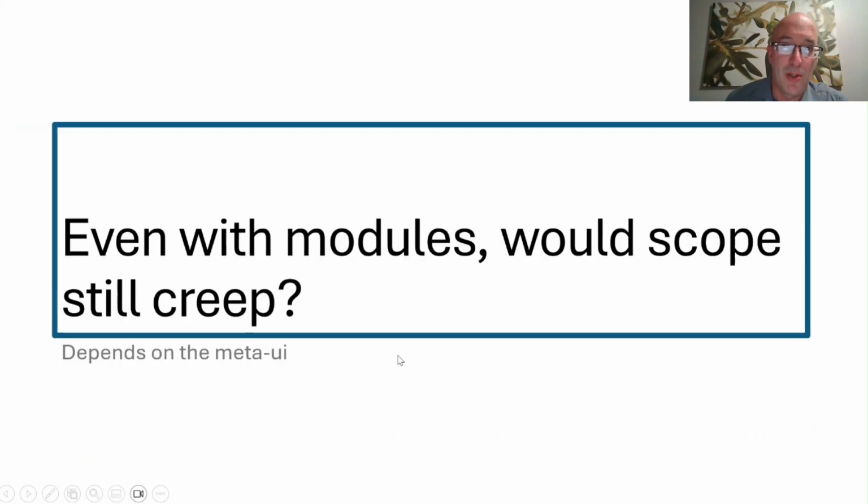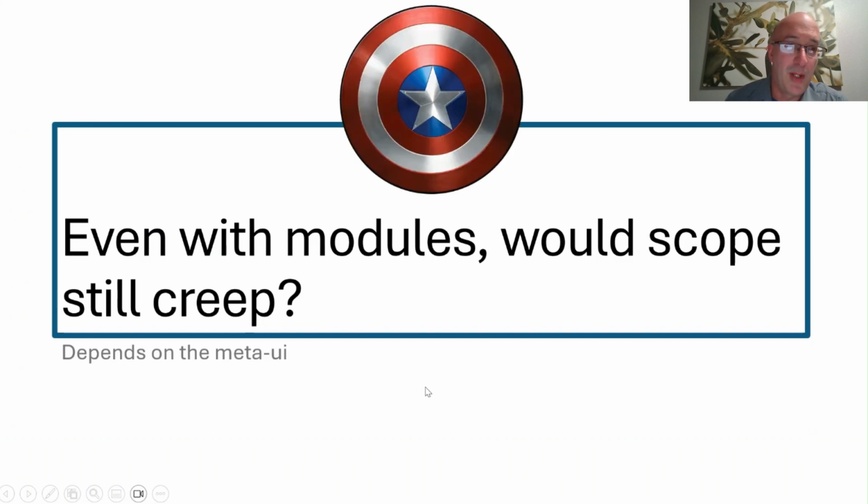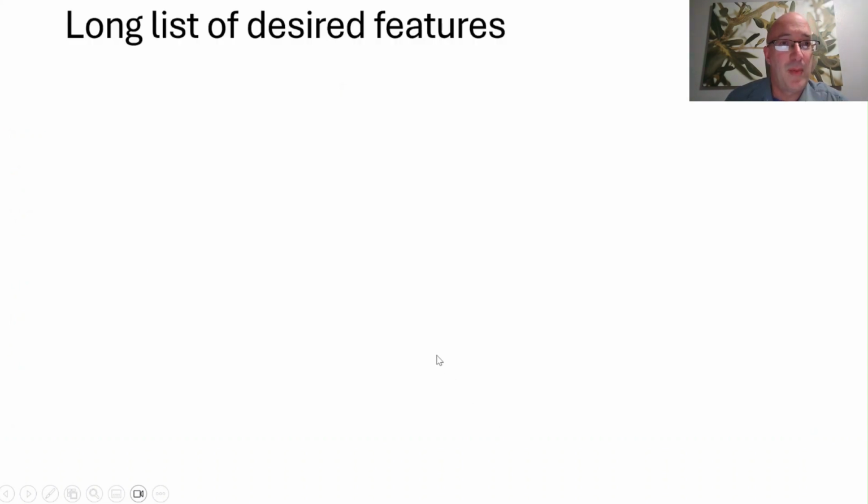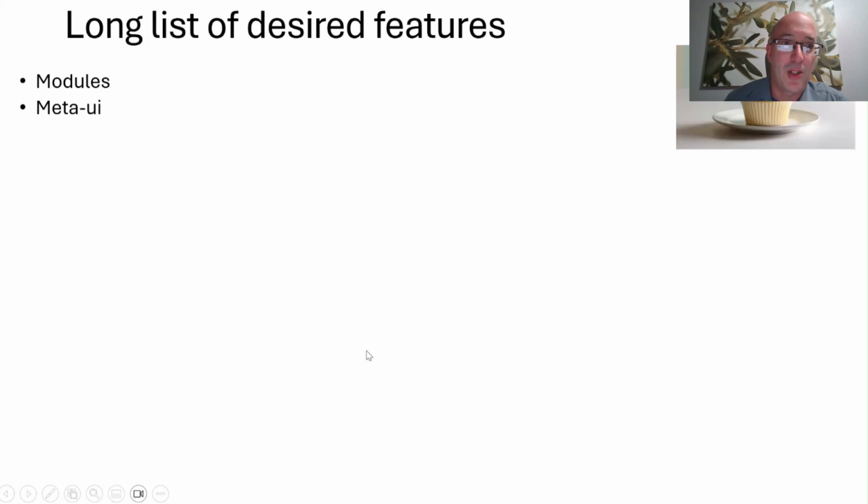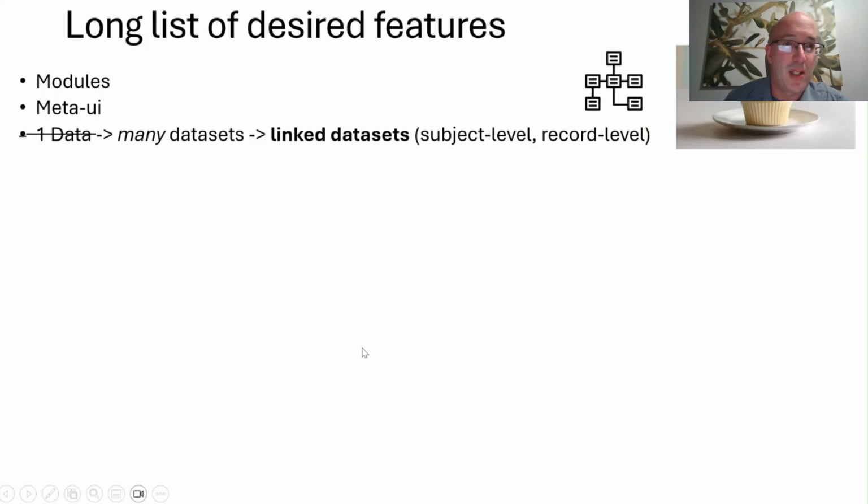So even with modules, would scope still creep? Are we protected? Well, it depends on the meta UI. Keep in mind, when we have a long list of desired features, on top of our modules and our meta UI, we want more features, such as not just a single dataset, but multiple linked datasets that preserve subject level and record level.